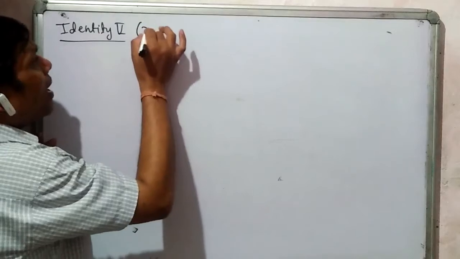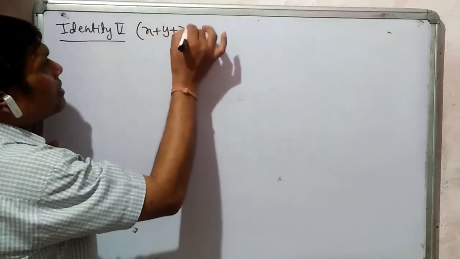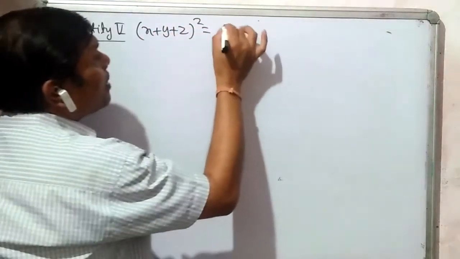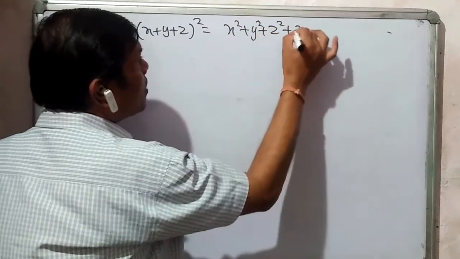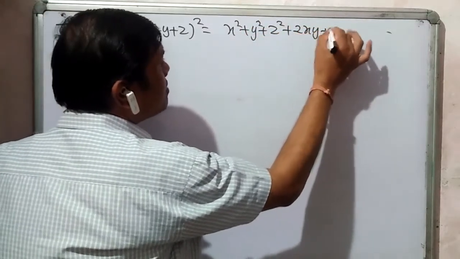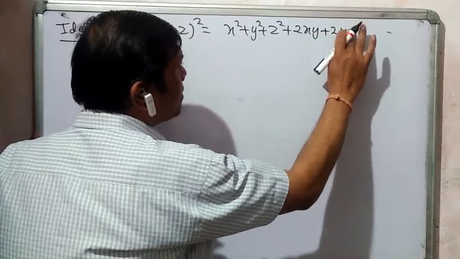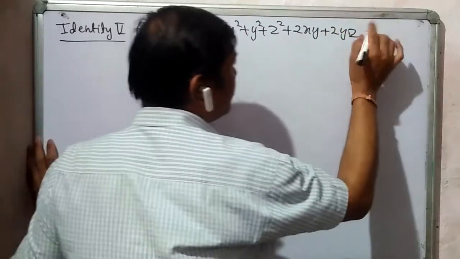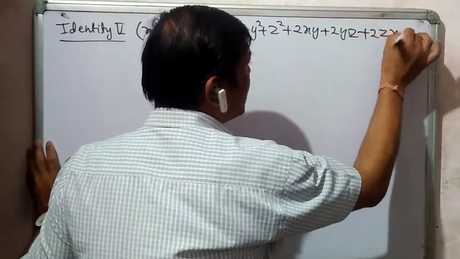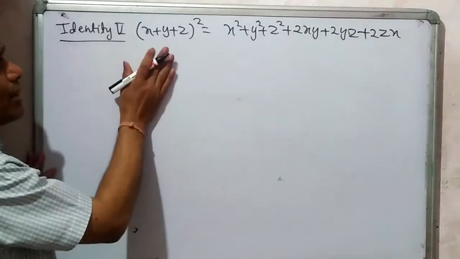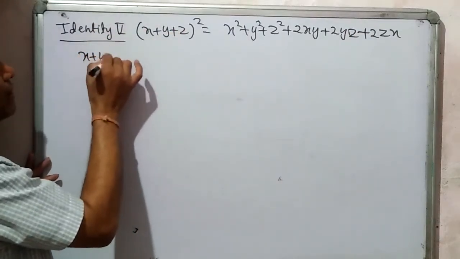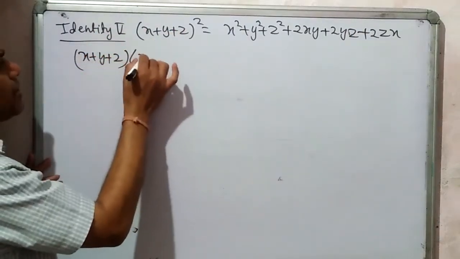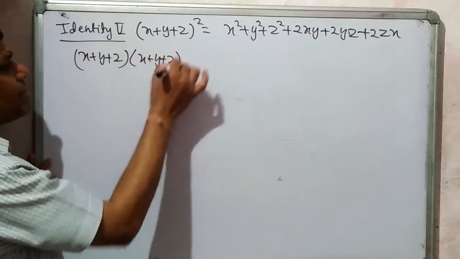The identity is (x plus y plus z) whole square equals x square plus y square plus z square plus twice xy plus twice yz plus twice zx. How do we actually get that? What is (x plus y plus z) whole square? This is actually (x plus y plus z) multiplied with (x plus y plus z).